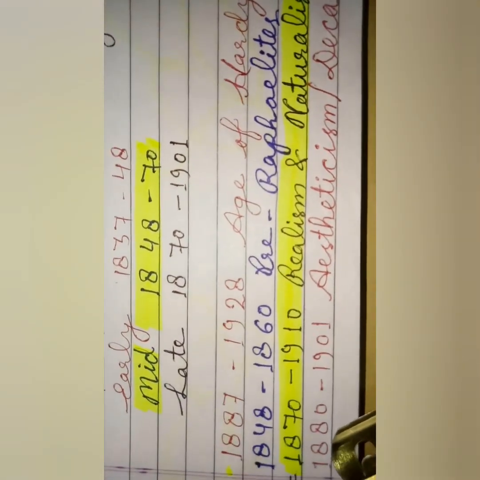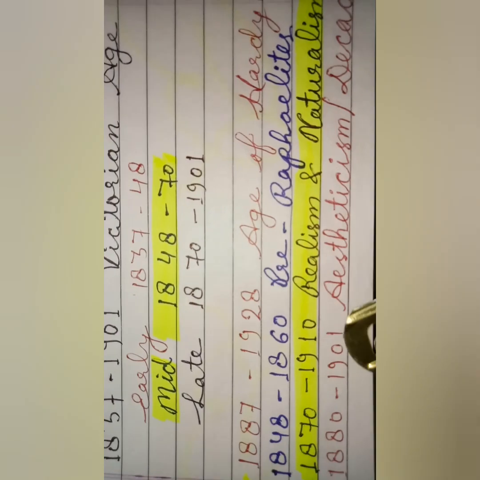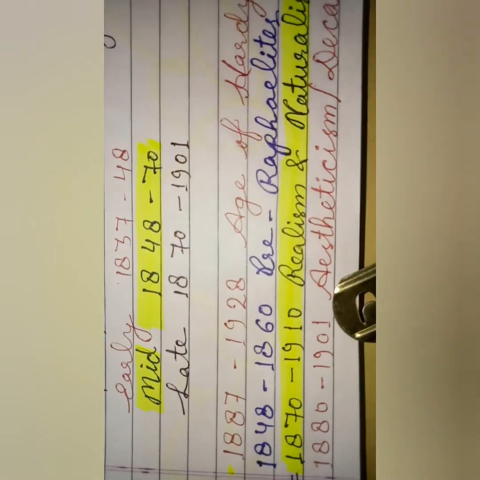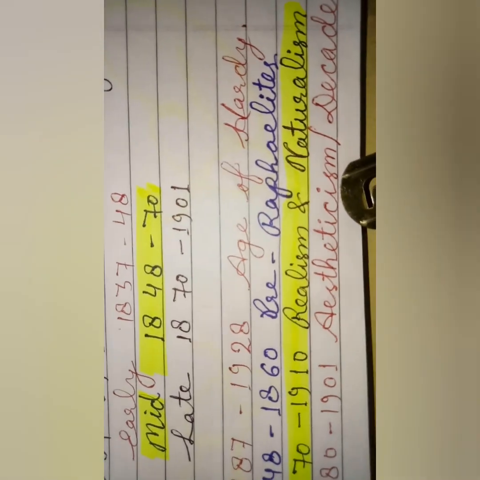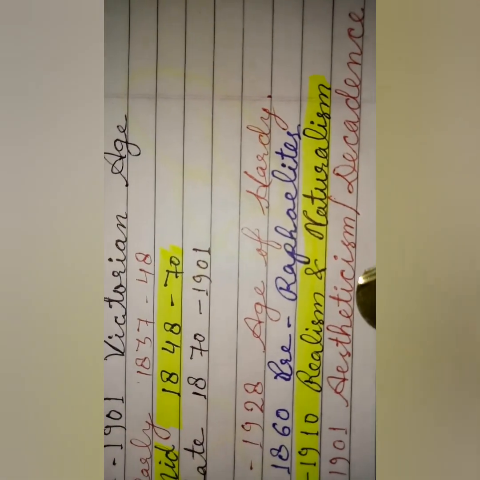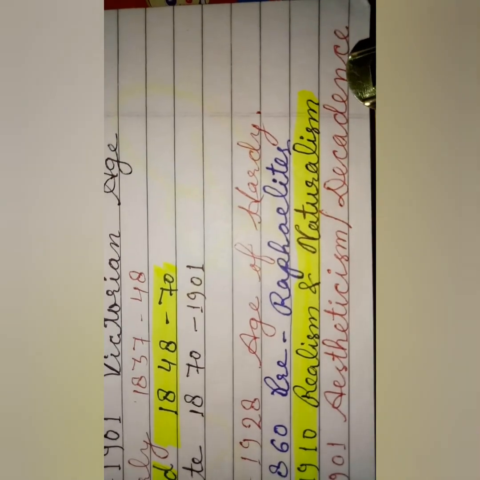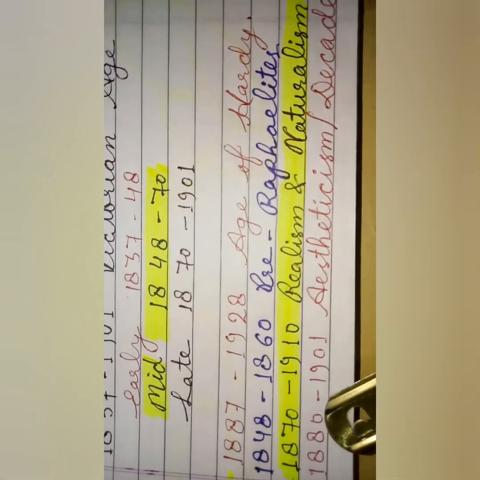And the next is 1880 to 1901, the time period of aestheticism and decadence.